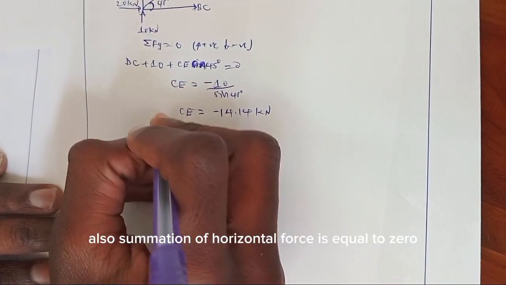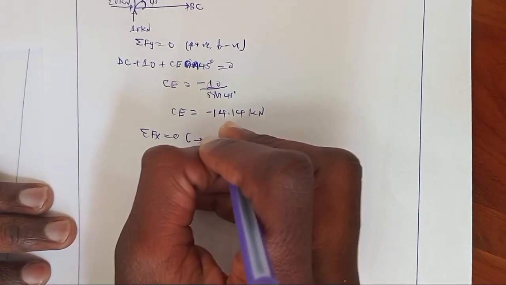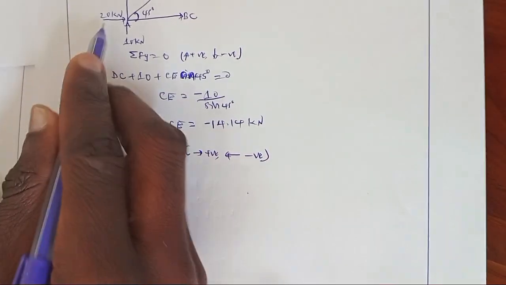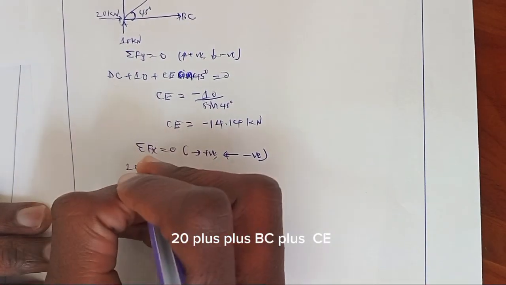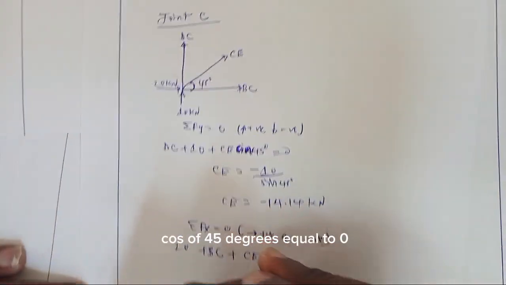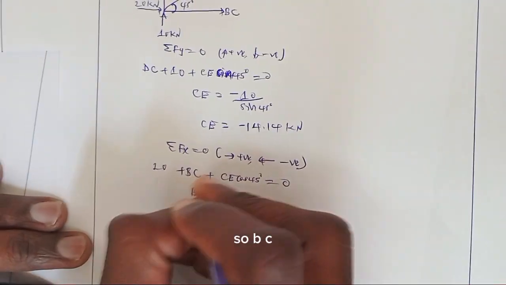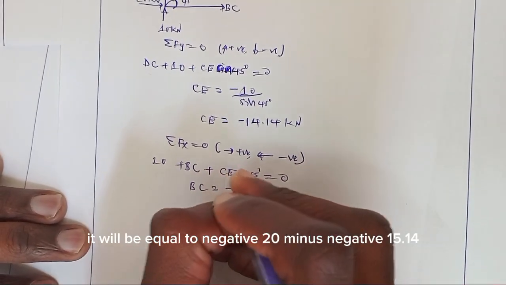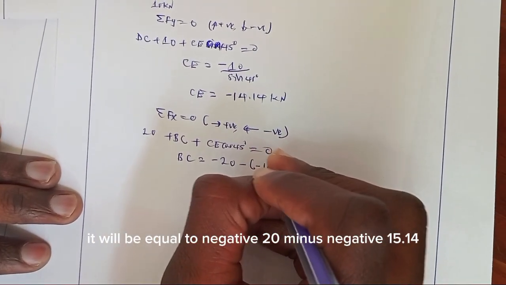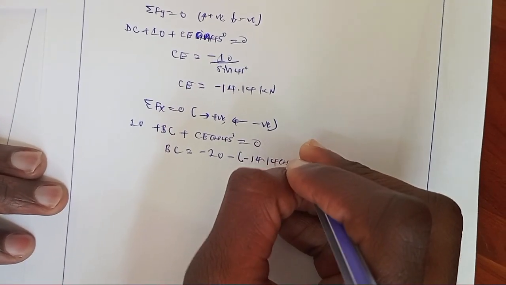Also, summation of horizontal force is equal to 0. Positive right, negative left. 20 kilonewton plus BC plus CE cos of 45 degrees is equal to 0. So BC will be equal to negative 20 minus negative 14.14 times cos of 45.